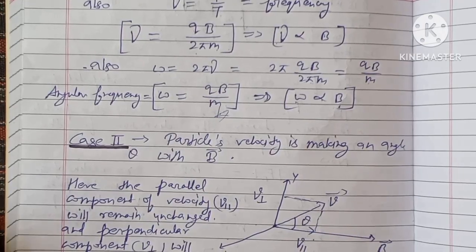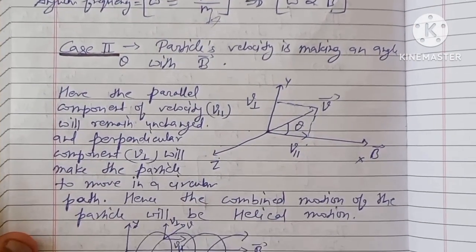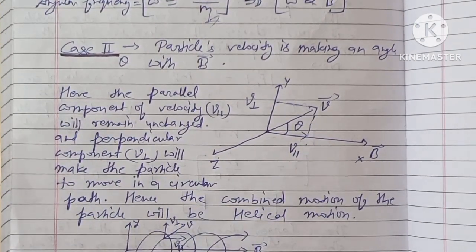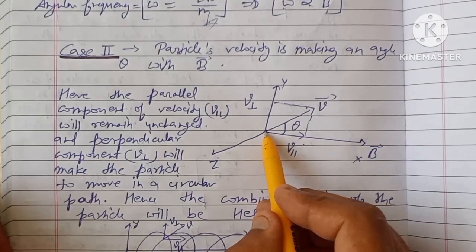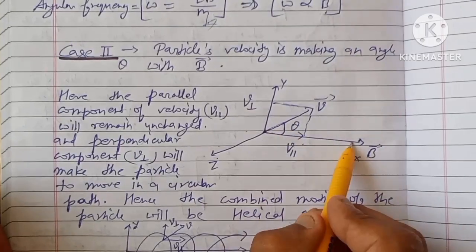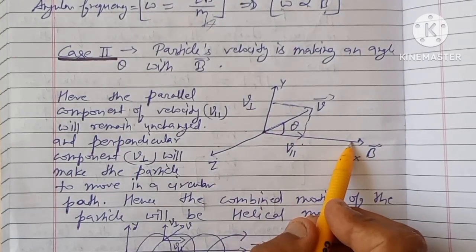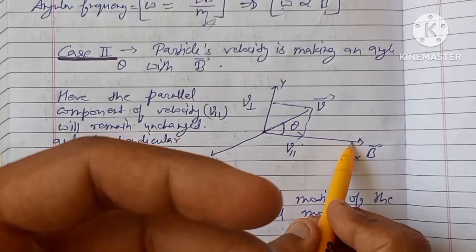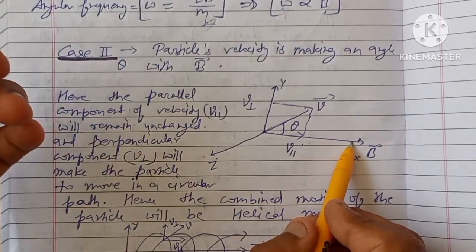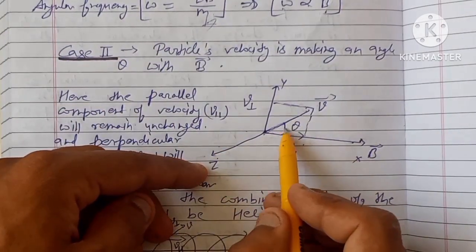Now let us move on to another case, that is if the velocity of the particle is not perpendicular, meaning the particle's velocity is making an angle theta with the B vector, then what path will the particle trace in this uniform magnetic field. So v is making an angle theta with the magnetic field.